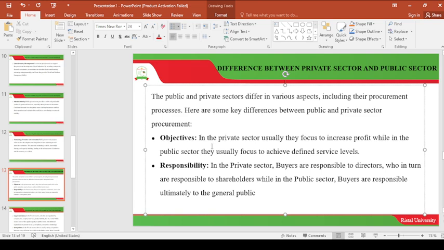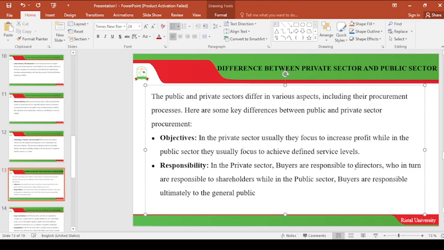Then responsibility. In the private sector, buyers are responsible to directors, who in turn are responsible to shareholders, while in the public sector, buyers are responsible ultimately to the general public. So when you are undertaking a procurement activity in the private sector, you are accountable for your dealings to the directors.